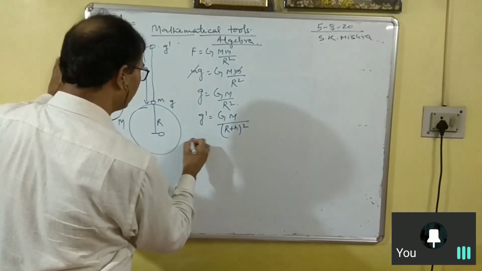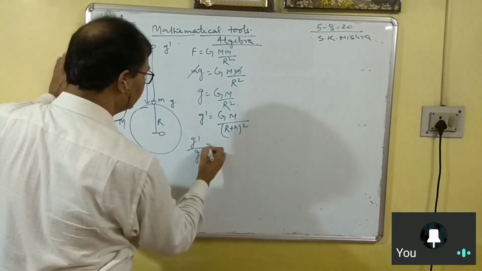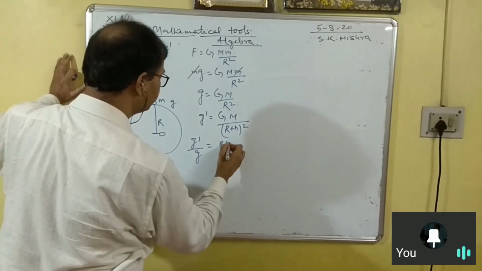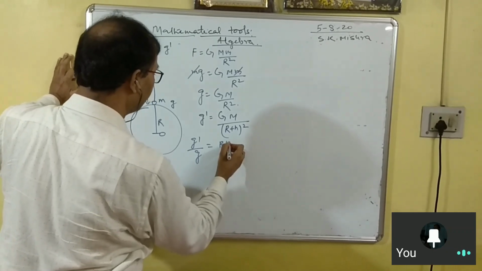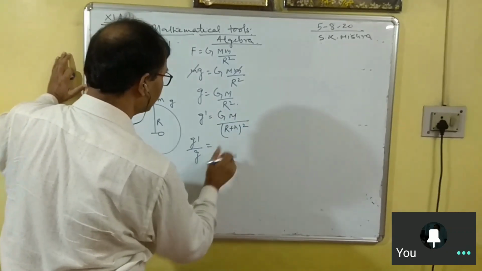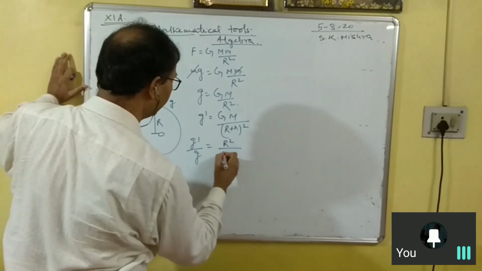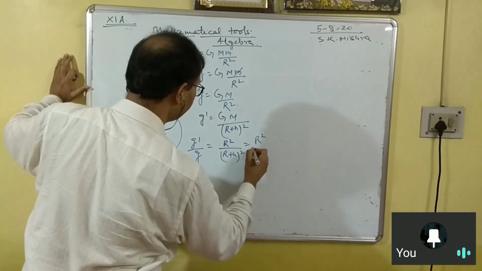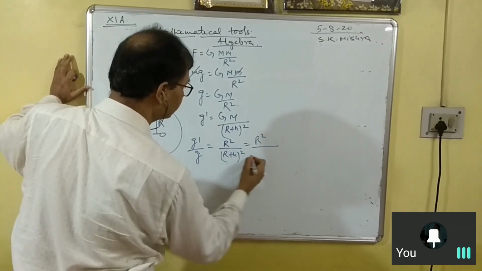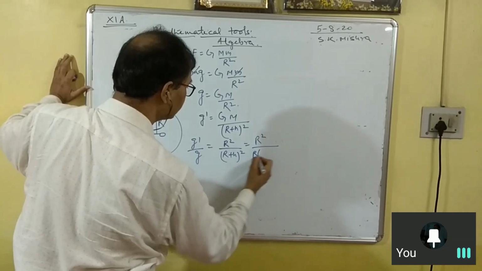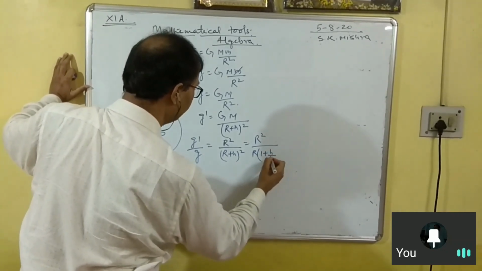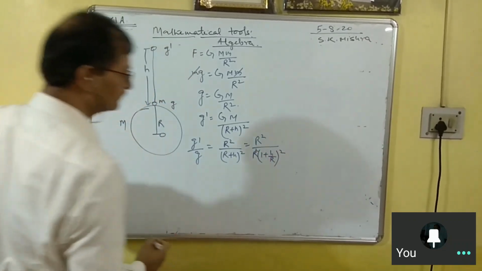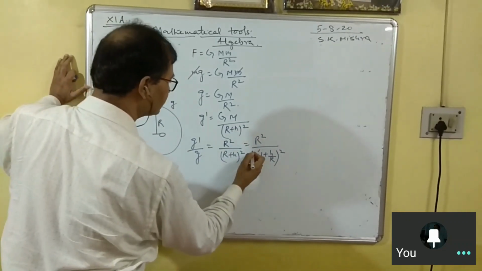Now if I ask you what is the ratio g dash by g, your answer will be GM will cancel out, and g dash by g is r squared divided by r plus h whole square. Now you can take r common, then it is 1 plus h by r whole square, and this term will be r square.